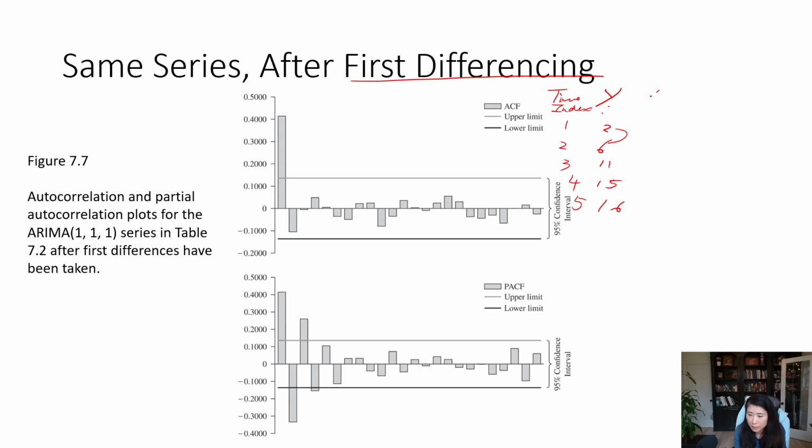We call it delta Y, and that is my new time series. I use the next time period minus the previous period: 6 minus 2, I got 4. 11 minus 6, got 5. 15 minus 11, got 4. 16 minus 15, I got 1.